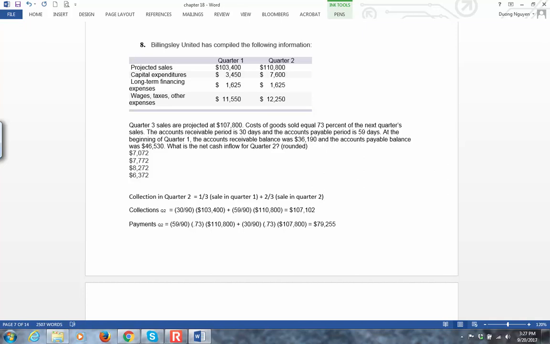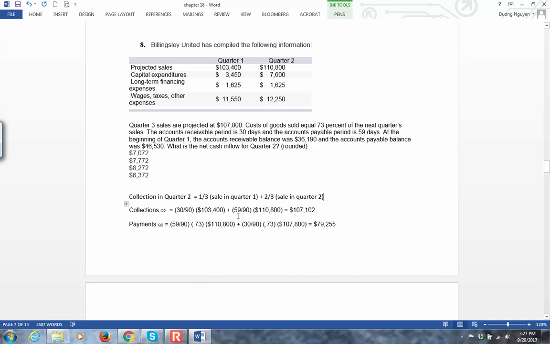So in quarter 2 they will be able to collect 2/3 of it. Usually when you are given account receivable period is 30 days and account payable period is 59 days, for 1/3 you use 30 over 90, and for the other 2/3 you use 59 over 90.